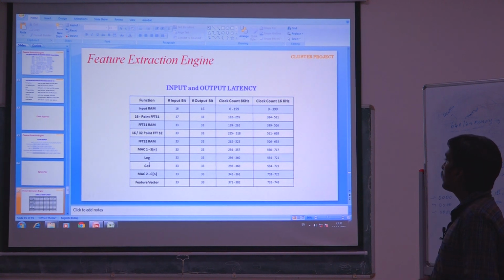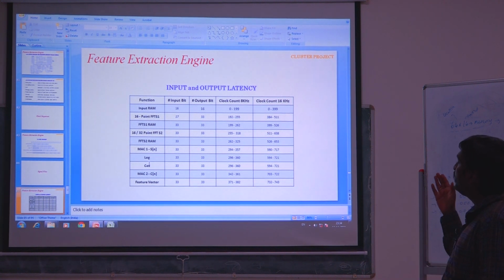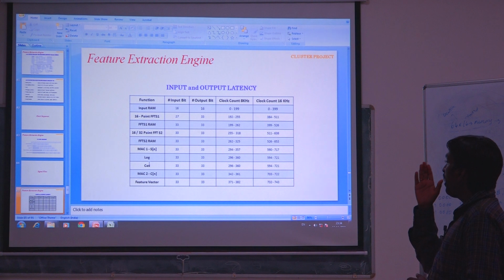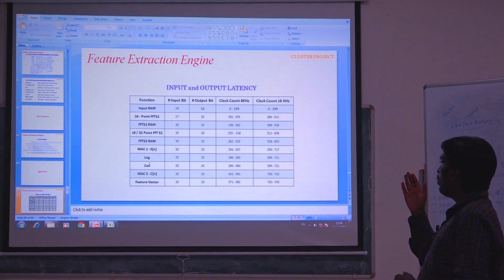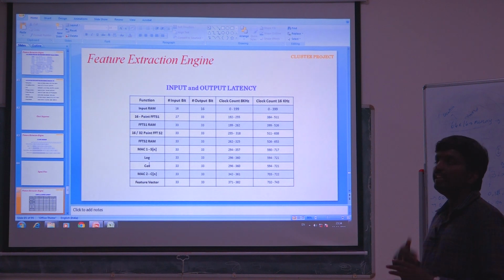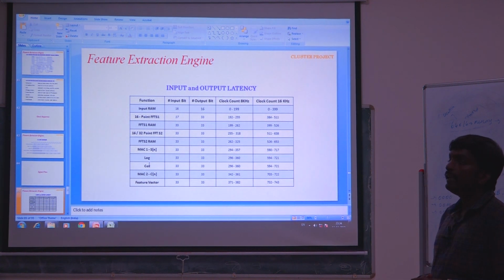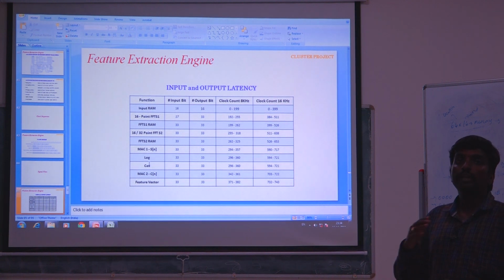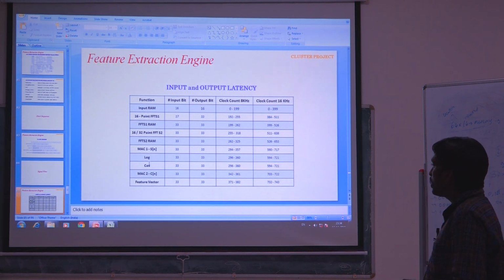Similarly for the 16 kilohertz sample, 384 to 511. For the 16 kilohertz FFT stage 1, it needs a latency of 192. After 192, in each and every clock cycle, it will start operation for each and every sample. For the 16 kilohertz, it needs a latency of 383, so the 384th clock cycle will start operation.